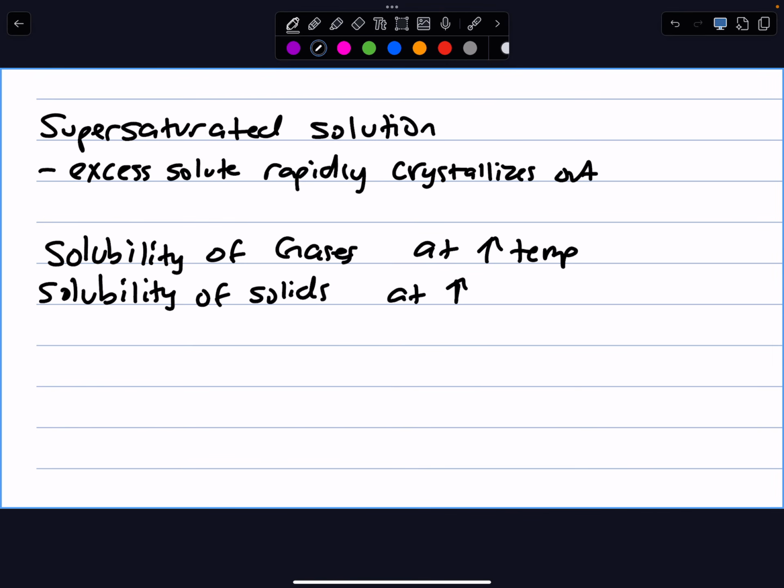What happens to it? So let's start with solids. If I have solid salt in water and I heat it up, is it going to dissolve faster or slower? Faster. Right. So solubility of solids at high temperature increases. What about for gases? Decreases, the opposite.